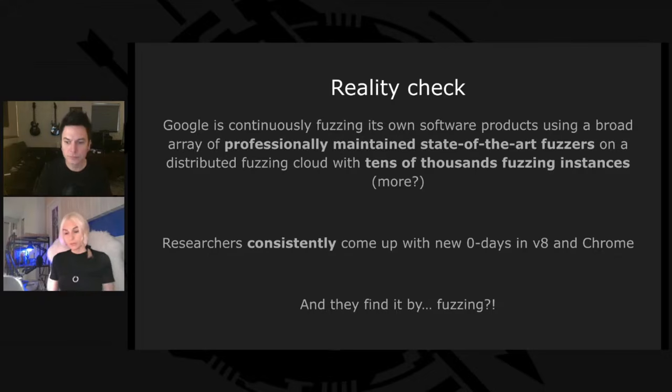So if you're following the mainstream hype about fuzzing scalability, scaling, more machines, parallelization, smarter fuzzing, and so on, then this situation doesn't make sense, right? If Google has such a huge fuzzing cloud, then how is it even possible that researchers still come up with new vulnerabilities found by fuzzing? But today I will show you that this actually makes perfect sense.